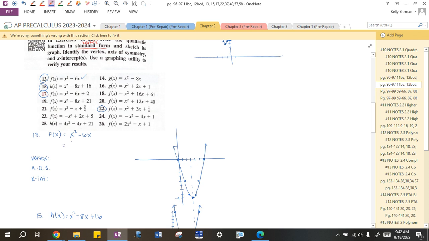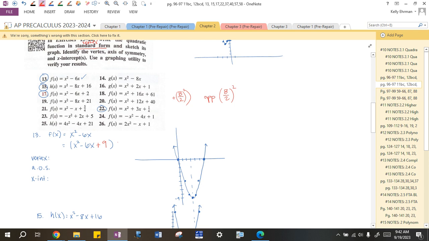To complete the square, we put x squared minus 6x in parentheses. The complete the square formula is that in the parentheses, you're adding b divided by 2 squared, and then you're doing the opposite of that on the outside of parentheses. So b is -6, divided by 2 is -3, squared is 9.